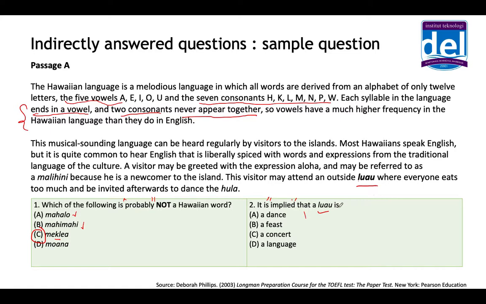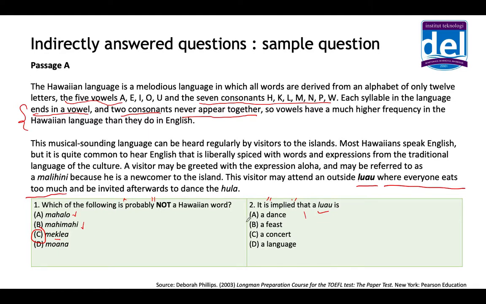It's implied. It says here that at a luau everyone eats too much. What can we infer from this statement? Something in which everyone eats is usually a restaurant, or probably it will be in the form of a party.